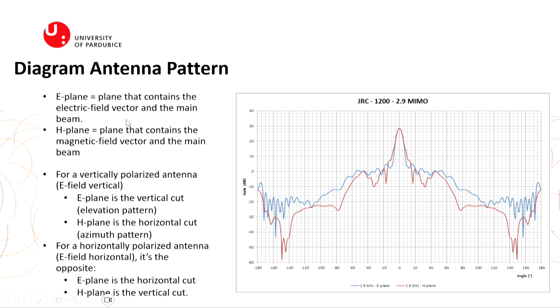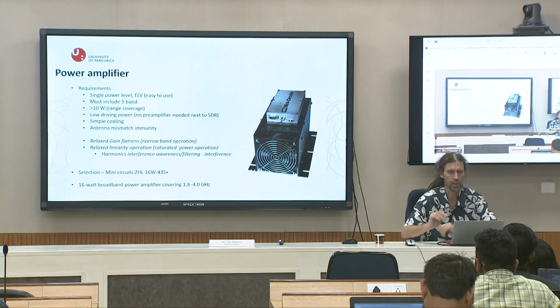I don't know if you are familiar with E-plane and H-plane. The E-plane contains the electric field vector and the main beam, and the H-plane contains the magnetic field vector. So it is like E-plane elevation pattern, H-plane azimuth pattern. It is like this. It is for a vertically polarized antenna, and for horizontal it is vice versa, opposite.